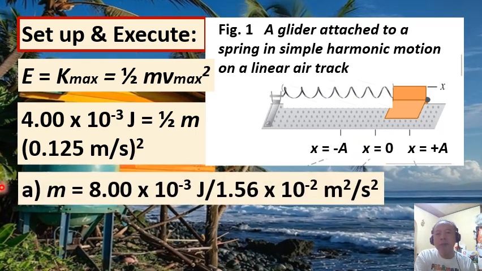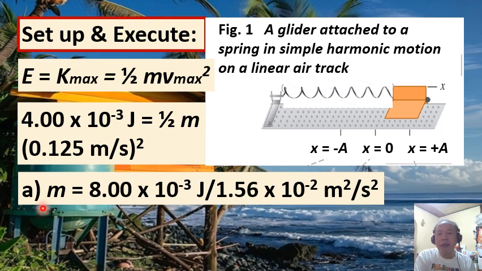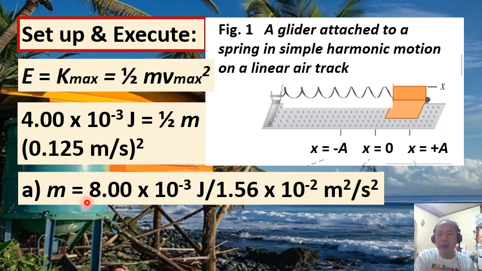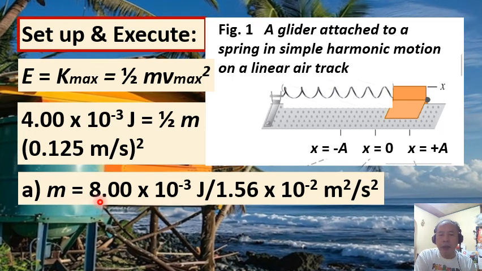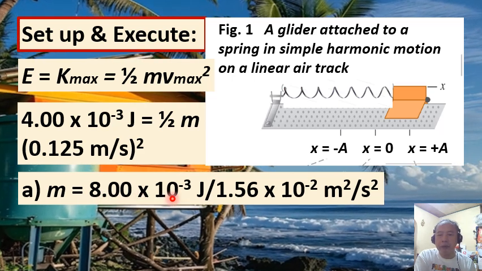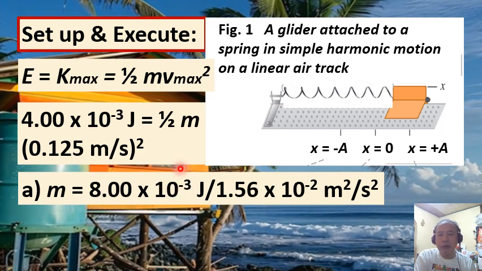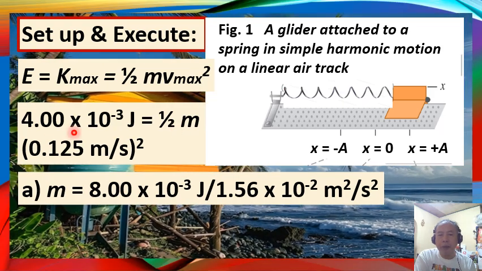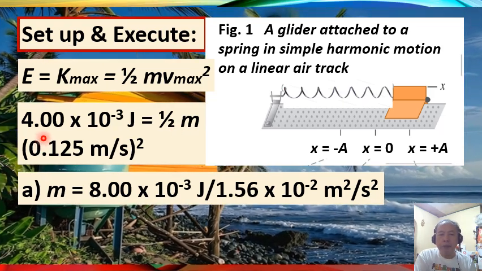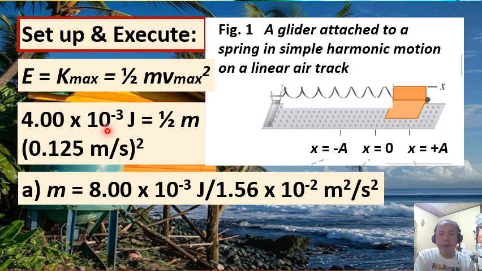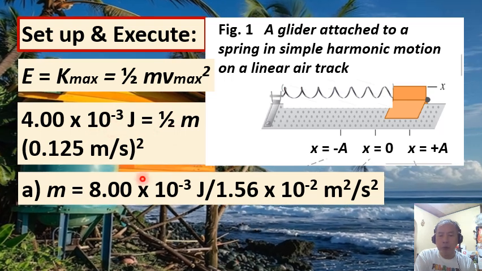That is, the mass of the glider, small letter m, is just equal to 8.00 times 10 to the negative 3 joules. This is the result of multiplying 4.00 times 10 to the negative 3 joules by 2.